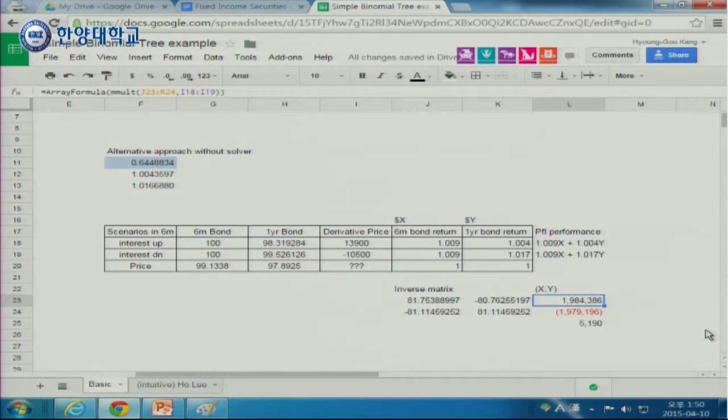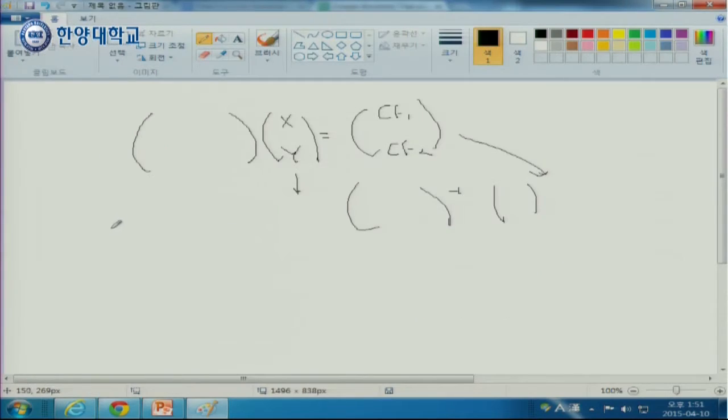In order for this one to equal this one and this one to equal this one, to solve it I have to get the inverse matrix of this one, multiply it by this one, and I get X and Y. So it is an intermediate step. We need to calculate this inverse matrix.